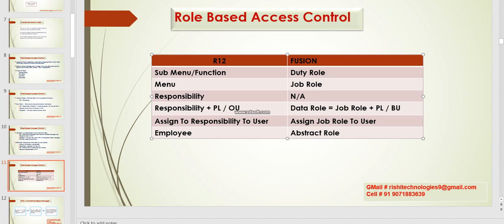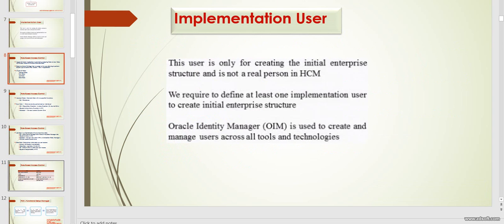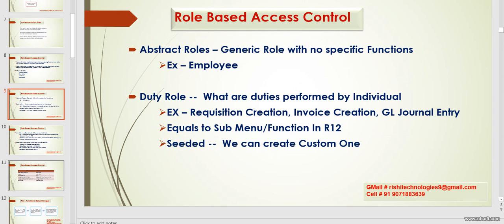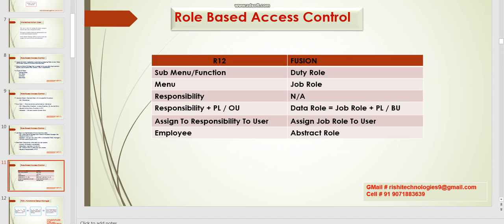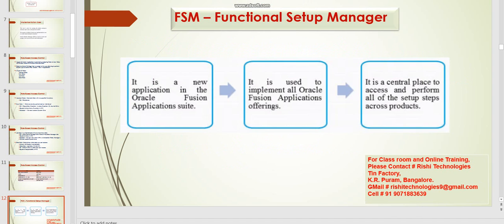We will see that. Yesterday we also covered what a job role, duty role and data role are. And we discussed the functional setup manager: it is a centralized repository where you do all your related setups in Fusion.